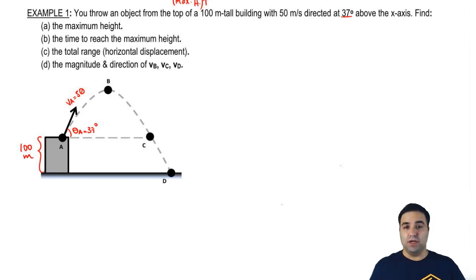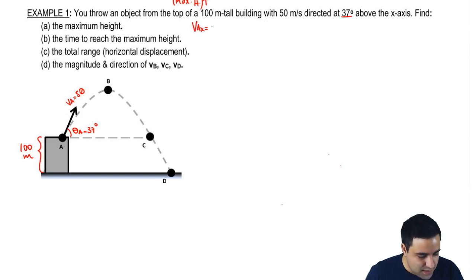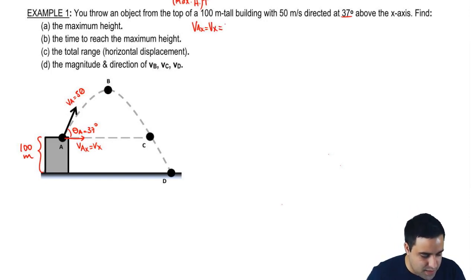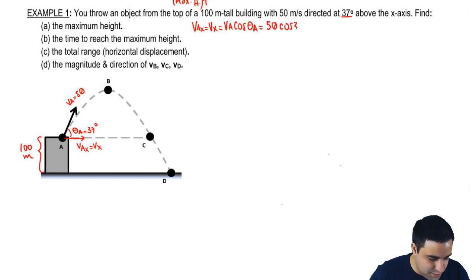Now the first thing I'm going to do here is decompose VA into VAX and VAY. VAX is simply going to be my Vx, because the velocity in the x-axis, remember, stays the same always. So VAX is the same as Vx. It is VA cosine of theta A, and you get 50 cosine of 37, which is 40.